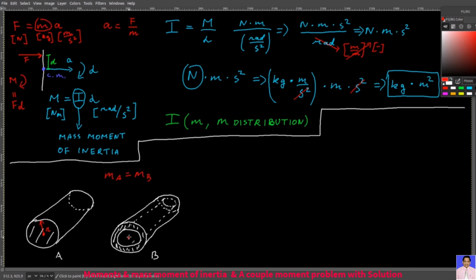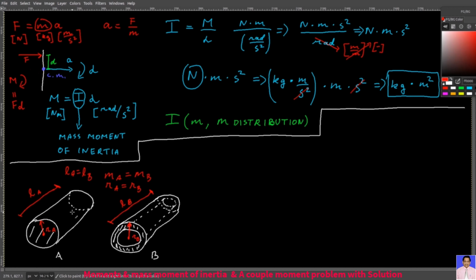Then both of them have the same radius, so let's say that this is RA and this is RB, and RA equals RB. And then both of them have the same length, so LA equals LB.